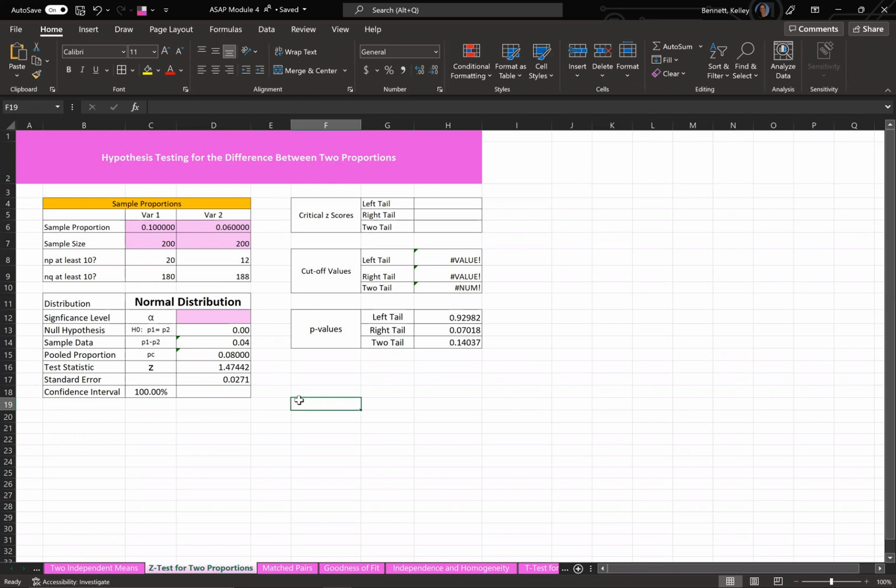The next thing that we need to put in, because you'll notice we have some alerts over here on the right-hand side, I need to put in a significance level. And we said that our significance level here was 1%. So I need to put in 0.01. And when I do that, I can also get a confidence interval to spit out as well, if you're ever asked for such a thing.